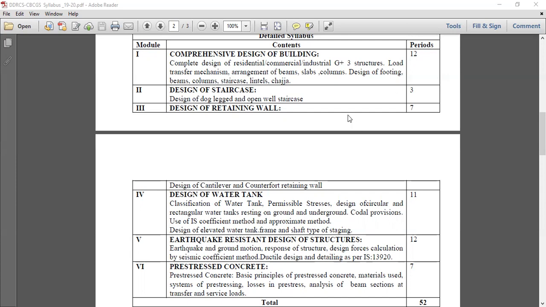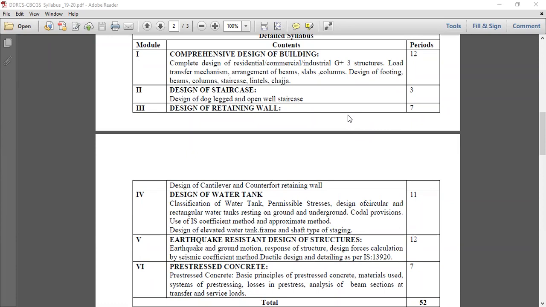Okay, so now first let us understand which are the various codes used to design the water tank. IS 3370 is the code which is referred for the design of water tanks. IS 3370 is divided into four parts.